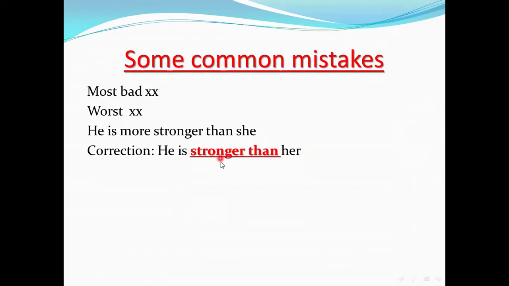The suitable sentence is stronger than. So I put er and then than, but not she here. You can omit she from the sentence and replace it with her. So the answer is: he is stronger than her.